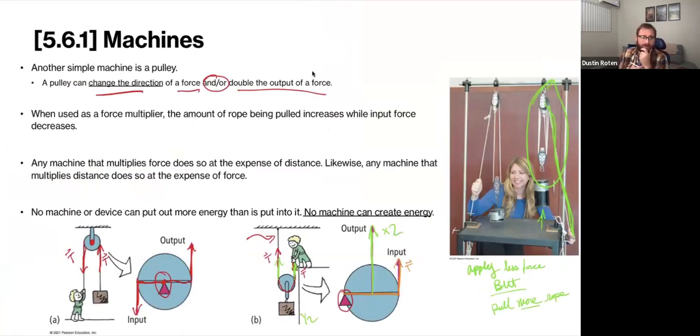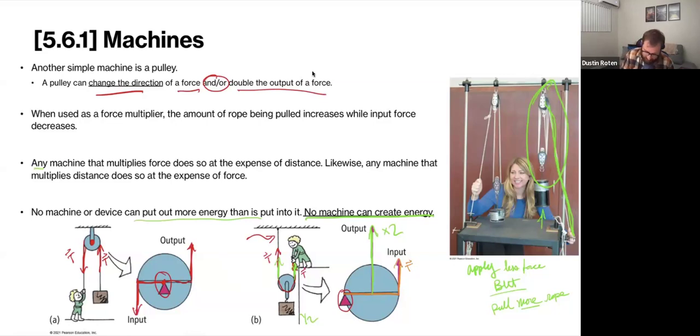Something very important to remember is that no machine or device can put out more energy than you put into it, right? So no machine can actually create energy or have a bigger output than input. All right. We sort of talked about this third bullet point, but I didn't interact with the bullet point itself.